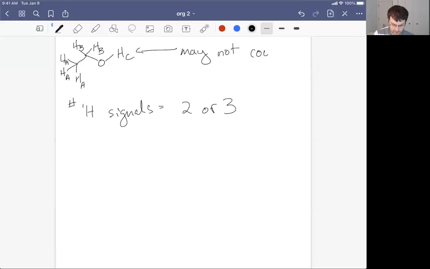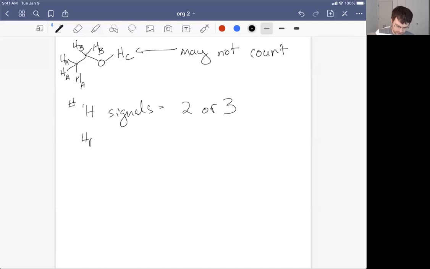We'll just let you be the judge. I would say it probably won't show. If I had to predict exactly how many signals I would see, I know that I will see 2. Sometimes I may see 3. So if you wrote 2, you're correct. If you wrote 3, I suppose you're correct. If you wrote 2 or 3, you're getting deep, and that's also correct. Okay, so 2 or 3.